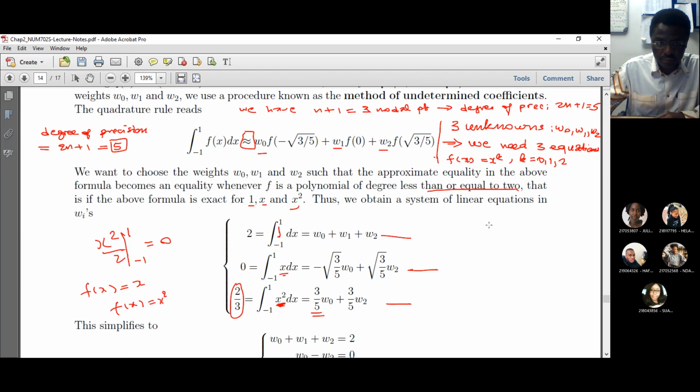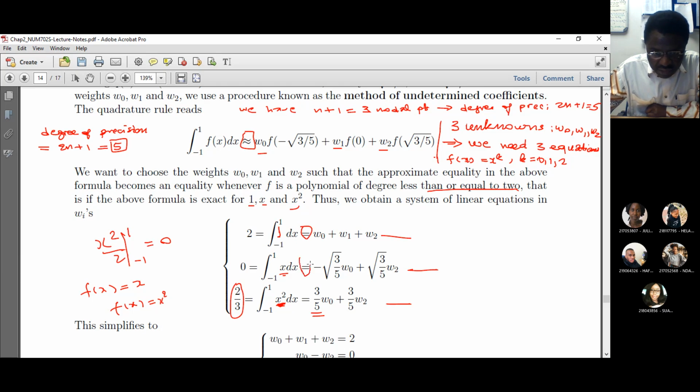Okay, now if we take these 3 functions, f of x is equal to x to the k, where k runs from 0 to 2, those three values, we write that this rule is exact. So that's what we have been doing here. We wrote that this rule is exact, which means that it's not an approximation, it means that it's equal. So that's why you see equal here. It's no longer an approximation because here we wrote an approximation.